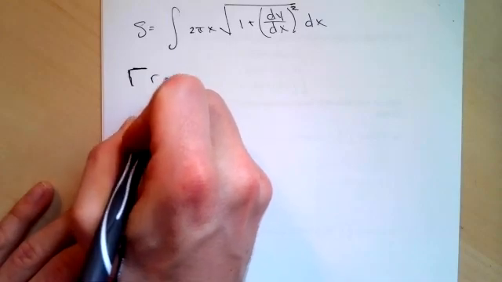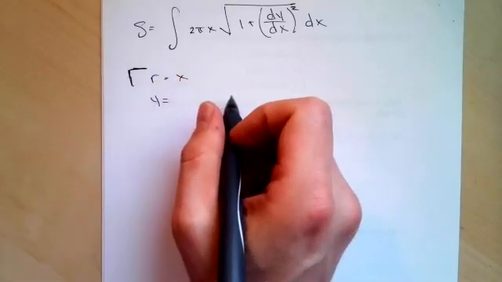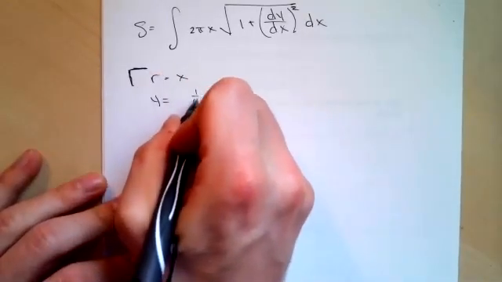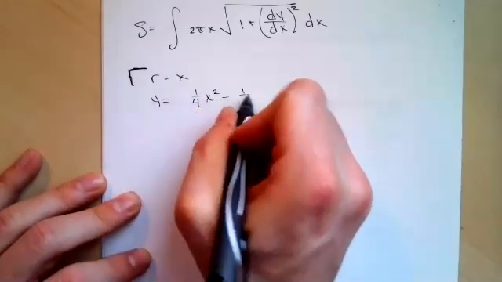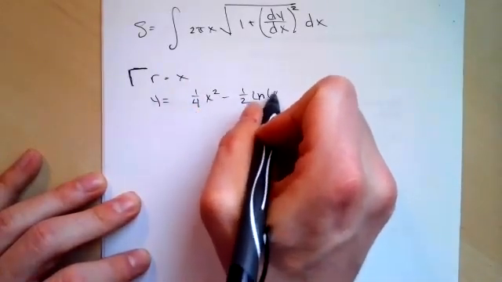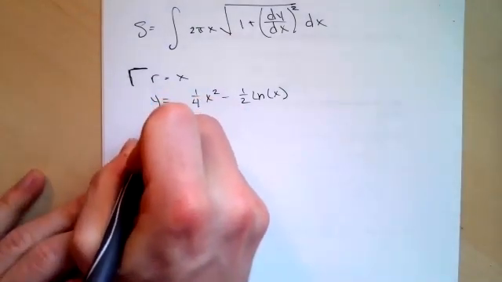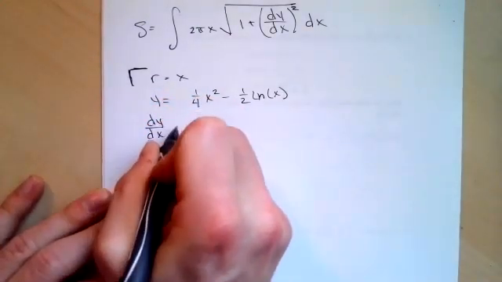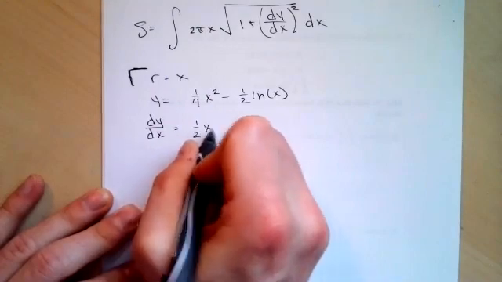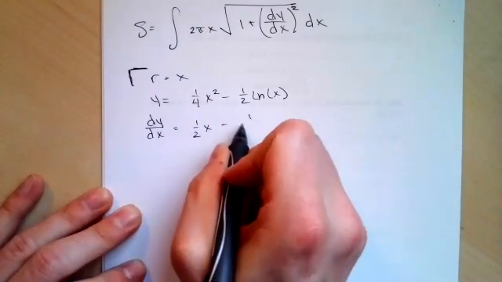Our dy dx, so we'll recall our y, 1/4 x squared minus 1/2 natural log of x. Dy dx, 1/2 x minus 1/2x.